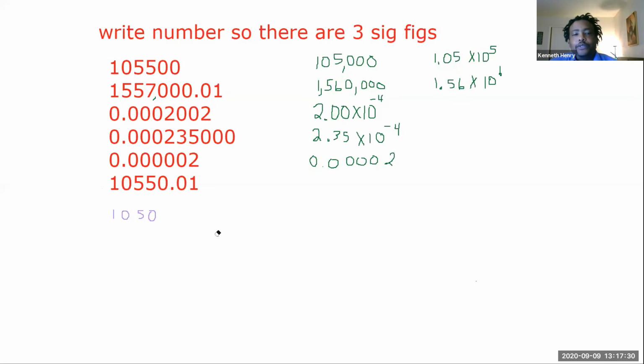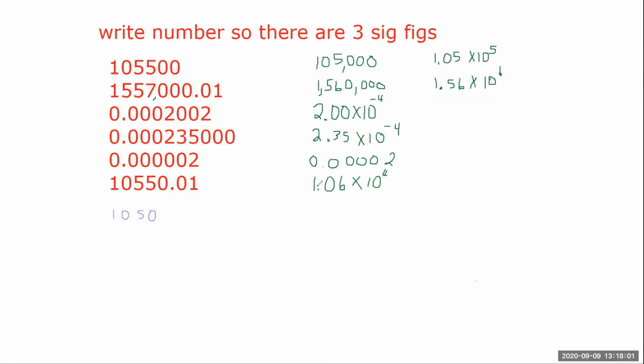Okay, so the last one. 1.06 times 10 to the 4th power. That is correct. Piece of cake? Yeah?